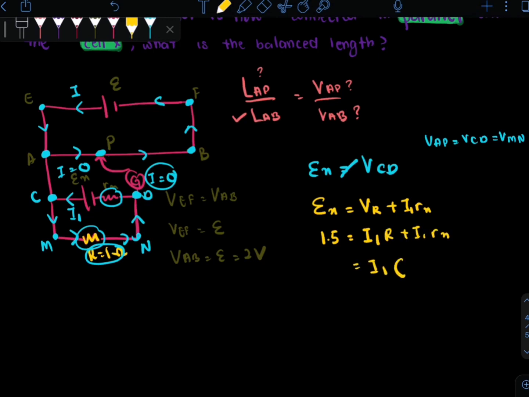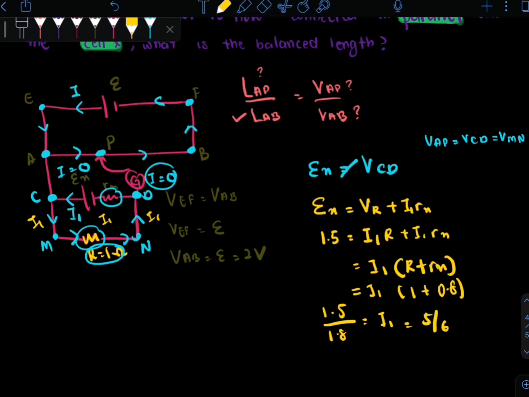So I'm going to factorize my I1, the current that flows in the lower circuit here, current yang lalu dekat sini adalah I1 kita, darab dengan R plus Rx dekat sini. So I1 kita tak tahu, R adalah 1 ohm campur dengan internal resistance adalah 0.8. So 1.5 divide 1.8 is equals to your I1 which is actually 5/6 ampere.